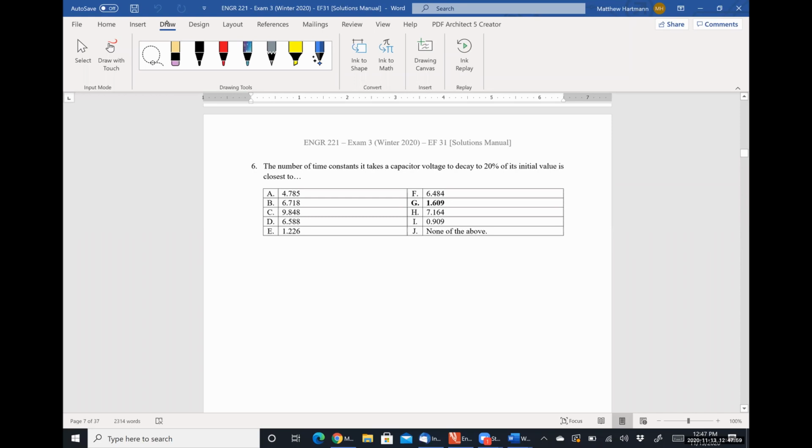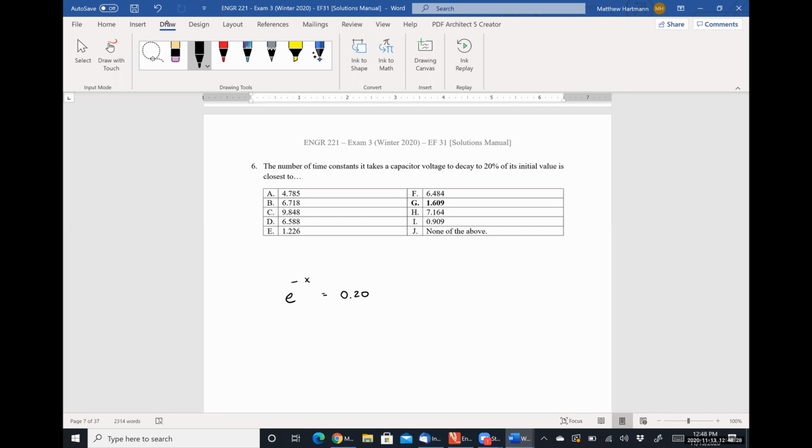So we want e to the minus x equal to 0.20. If x is the number of time constants, and we divide that by tau, the duration of a single time constant, that's what's going on here.